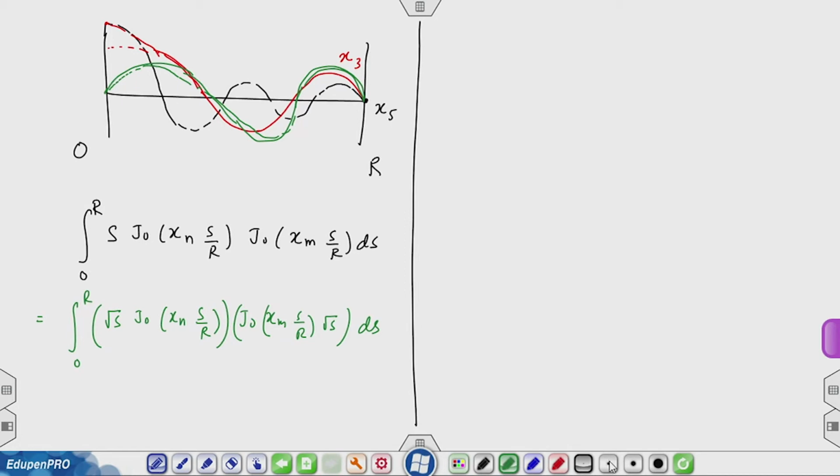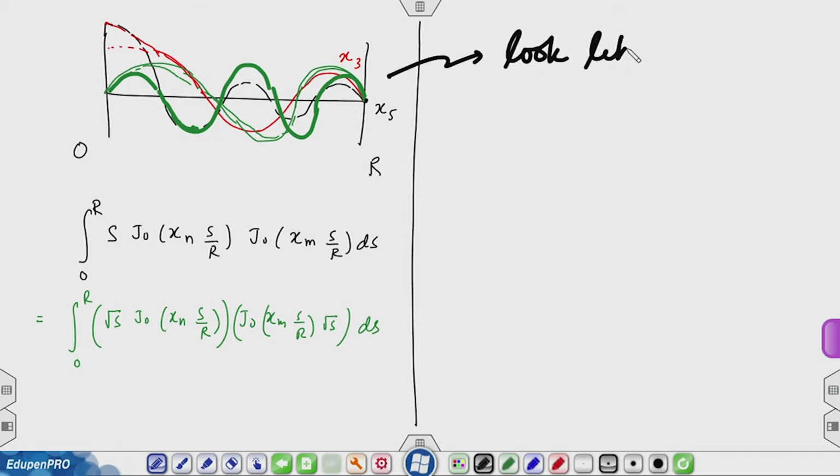And the black one becomes like this. So, they are looking like sine functions with interlaced zeros.